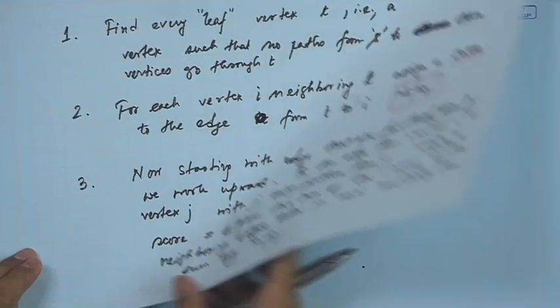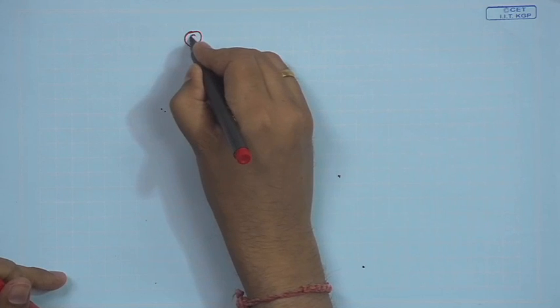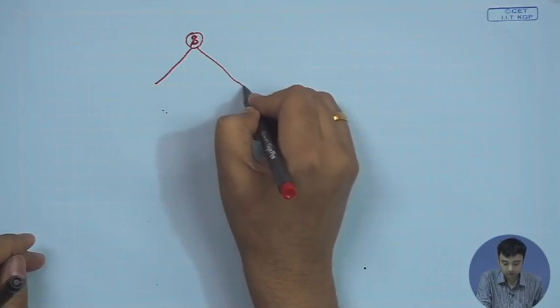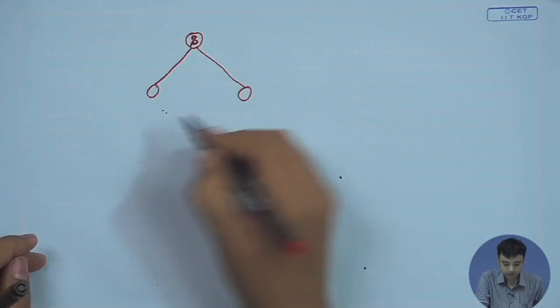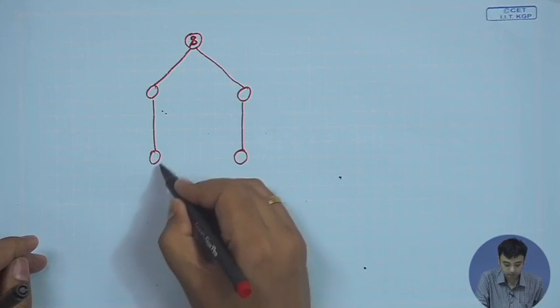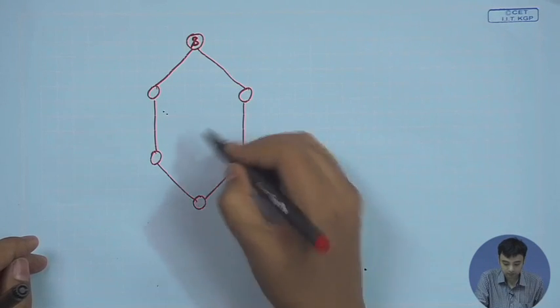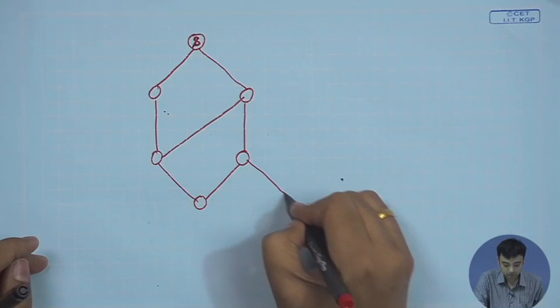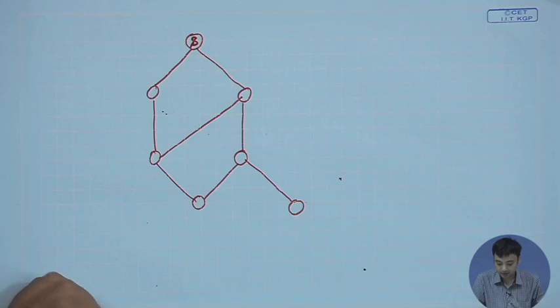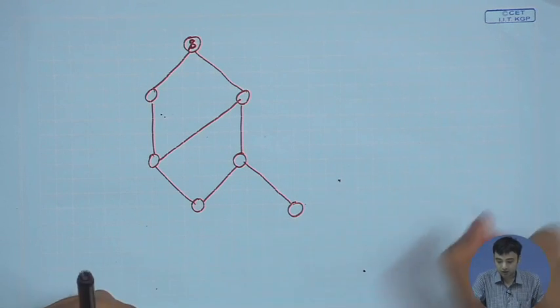Given the previous example, we will now see how to calculate the edge betweenness. We have the source node S. This is the example that we looked at.